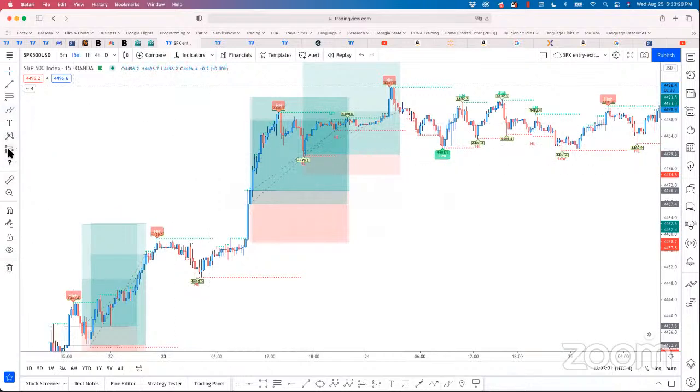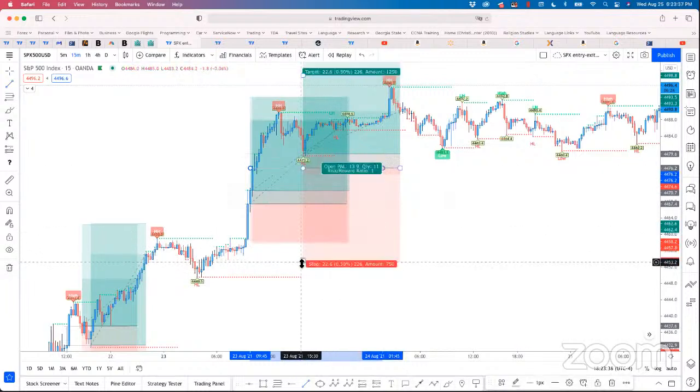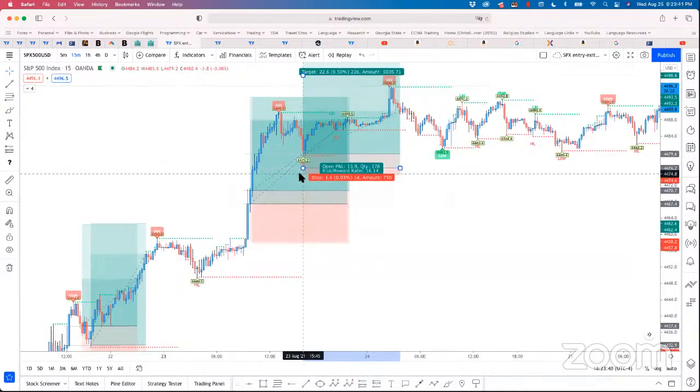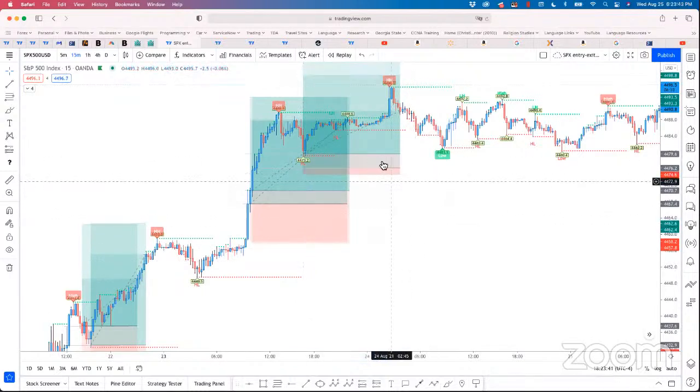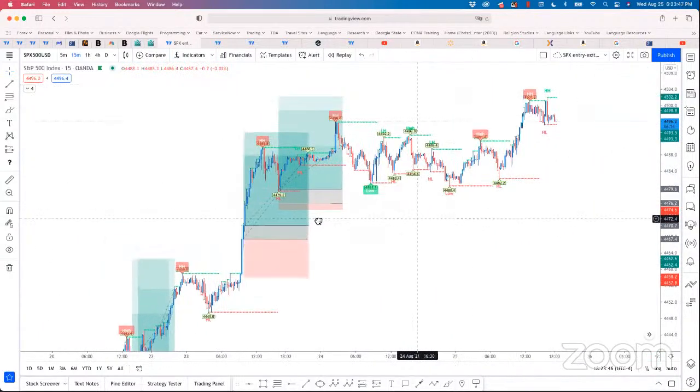You would have maybe had one at the low. The body never got triggered, but the one at the top did. And that would have been it. And then you would have been sideways after that.